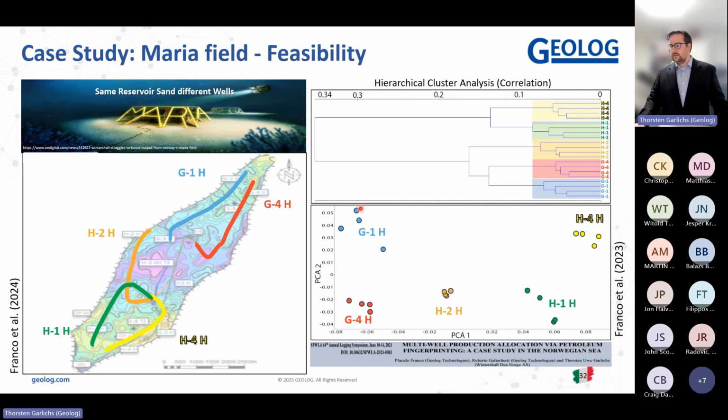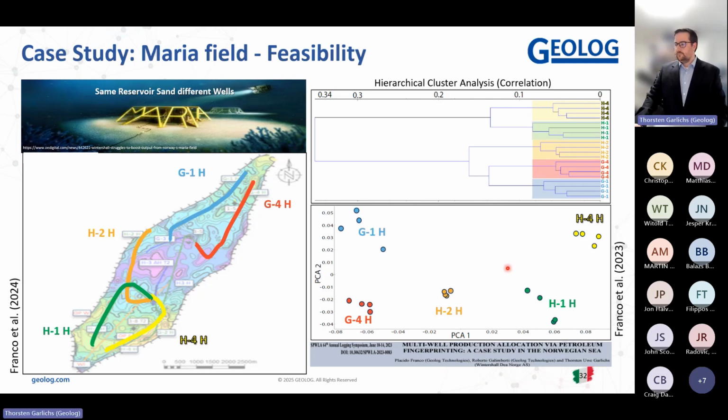We can separate the northern part internally, G1 to G4. The entire sample set is separated north to south, and also the middle part is separated. In the south itself, we can separate again the 2 wells from each other, H4 and H1.